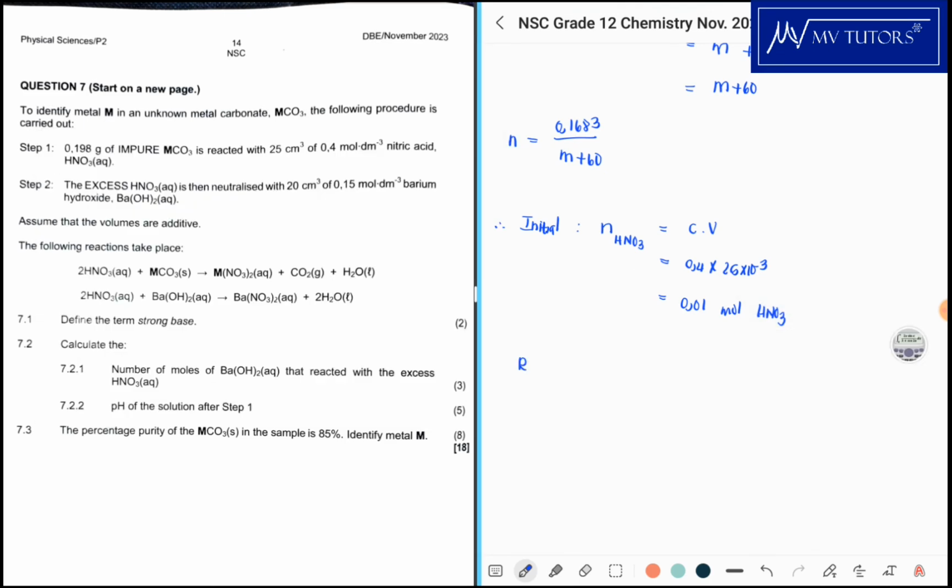During the reaction, how many moles did we have? We are still going to figure that out. But in excess, the number of mole for nitric acid is 6 times 10 to the negative 3. So during the reaction, we have the initial minus the excess.